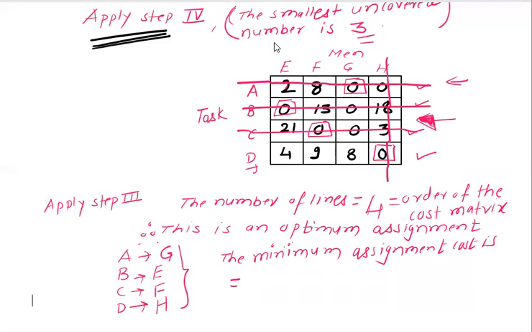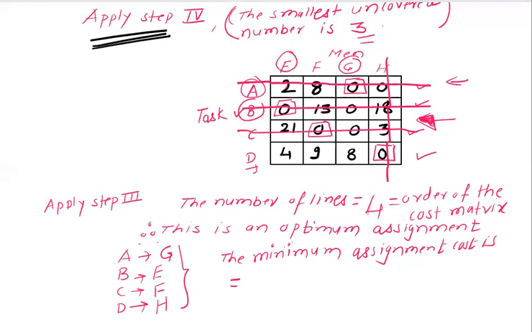So what is the cost of assigning job A to the person G? This cost is given in the original cost matrix. So we will take this cost C13.